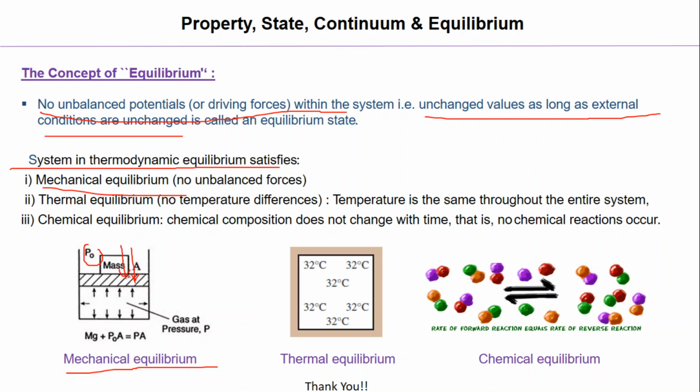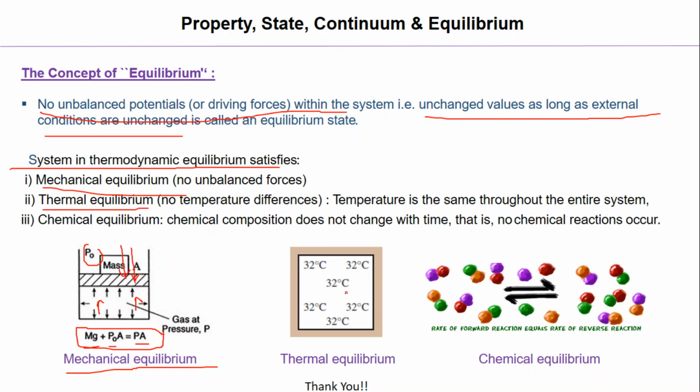This P naught into A is also putting pressure on the piston, and the pressure inside the system is acting against both of these forces. So mg is the downward force, P naught A, outside pressure times area, is also a downward force, and P into A is the upward force. If it is in equilibrium, that will be maintained. So this is called the mechanical equilibrium. There are no unbalanced forces.